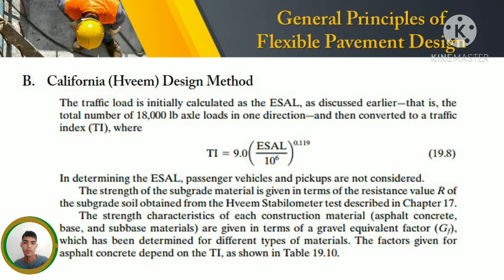The strength of the subgrade material is given in terms of the resistance value R of the subgrade soil obtained from the H-beam stabilometer test described in chapter 17.